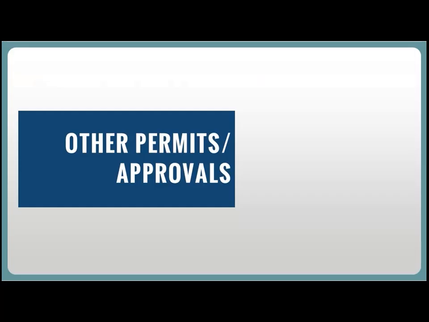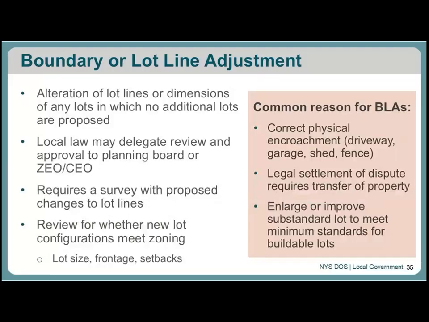So some of the other permits and approvals to be aware of as we move forward. Of course, there is the boundary or lot line adjustment. This is where you're changing the lot line, but you're not proposing any additional new lots.